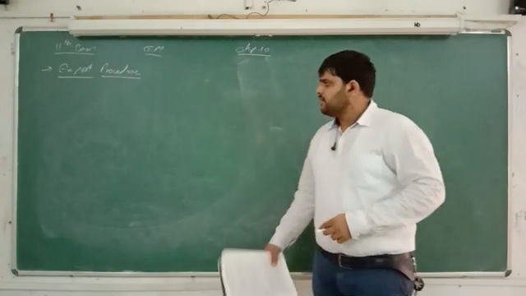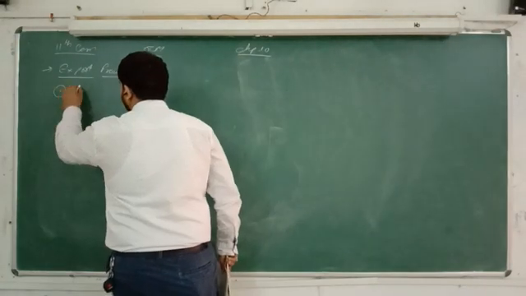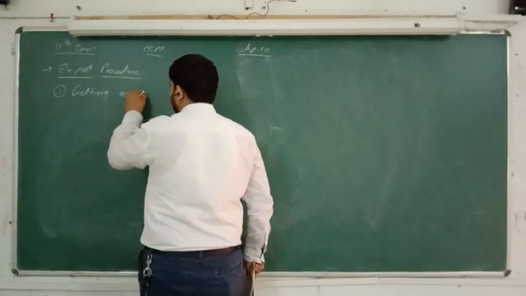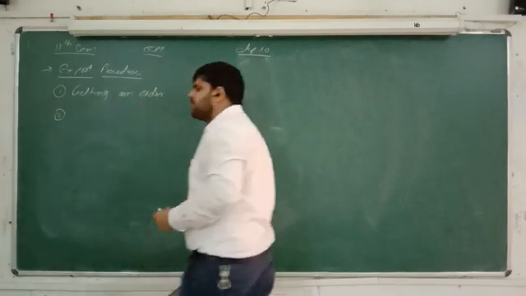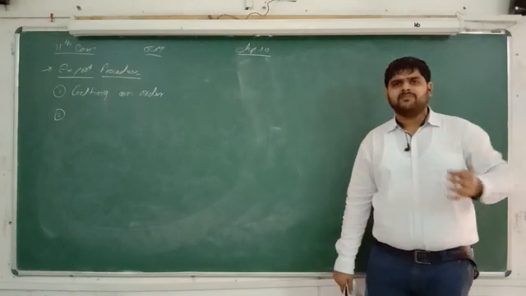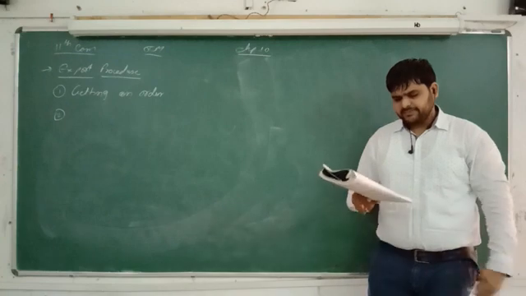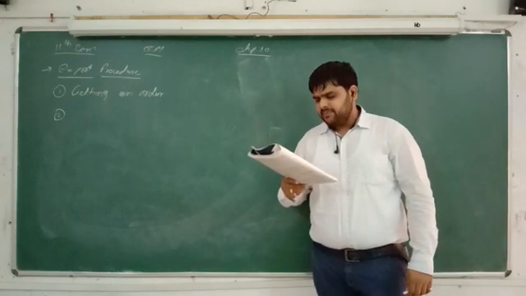So number one, getting an order. Definitely, if we have to export the goods, first of all we have to receive the order from the other party, from the purchaser. Let's see. The exporter is given an order to give goods by the importer.